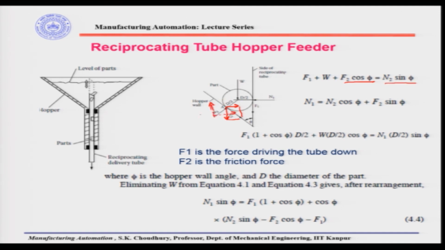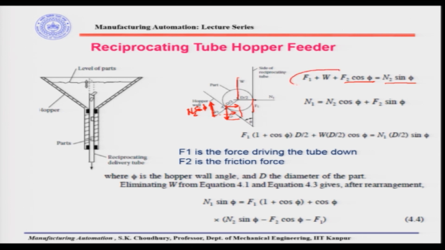This is the component which will be N2 sin phi. So, since this component is going in the other direction, this force and this force will be resisted by the N2 sin phi, that is what we are saying.